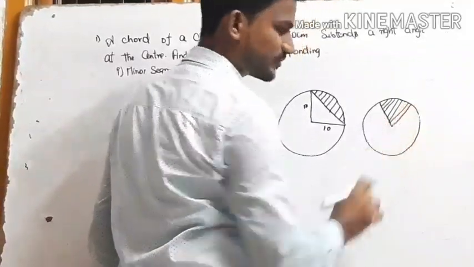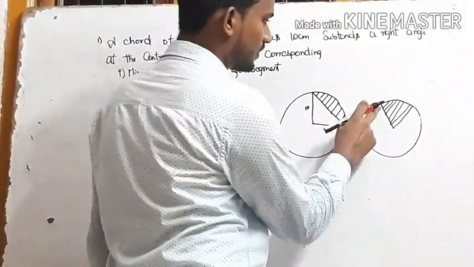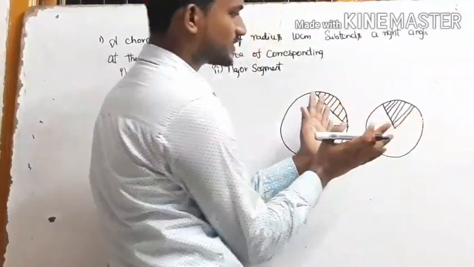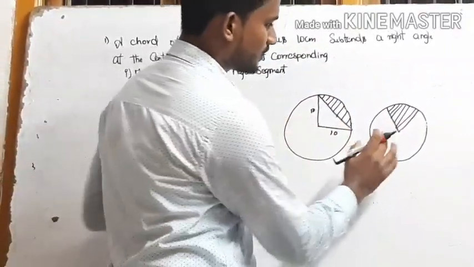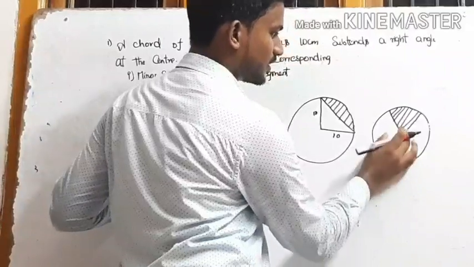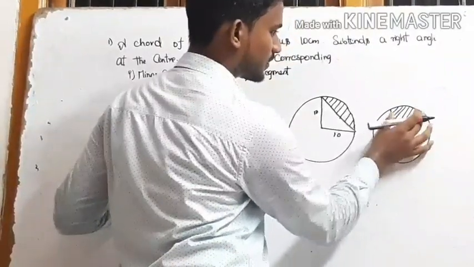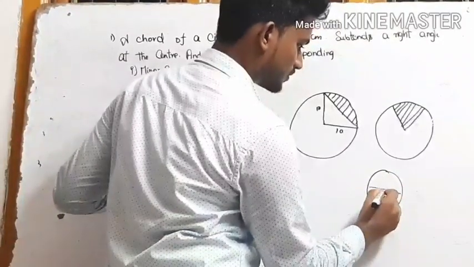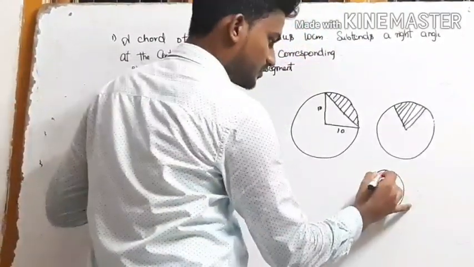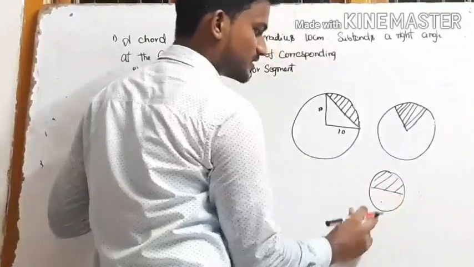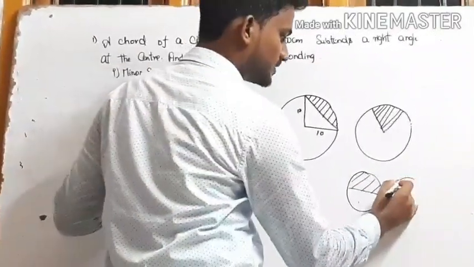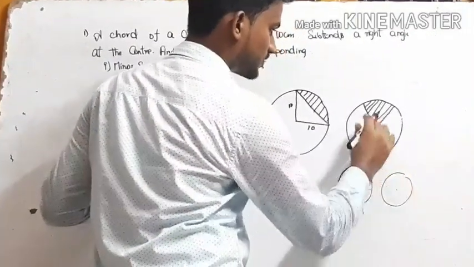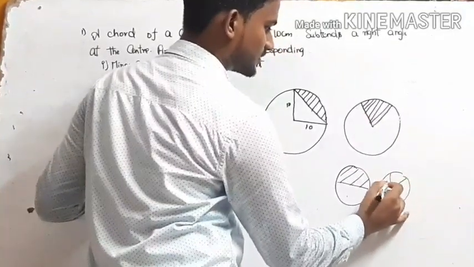It is one segment. The line segment is drawn from the center of the circle to any part from this. You cannot draw like this, because it will become the half circle. It is not a segment. Segment means this one. You can draw like this one.